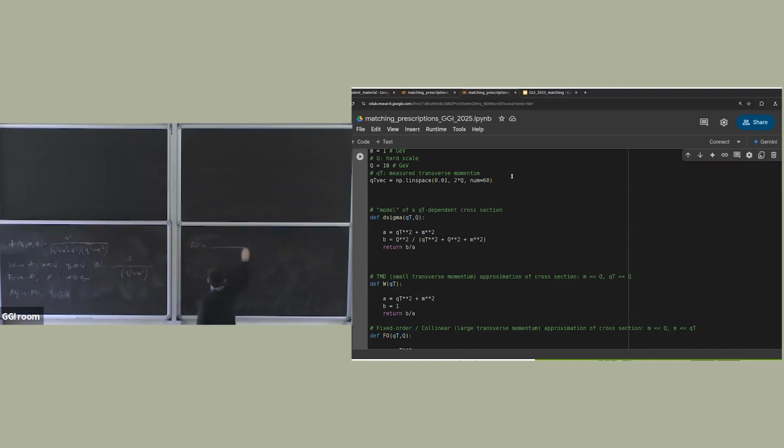Qt squared plus Q squared, because you drop M squared. And why am I not dropping Q squared with respect to Qt squared?